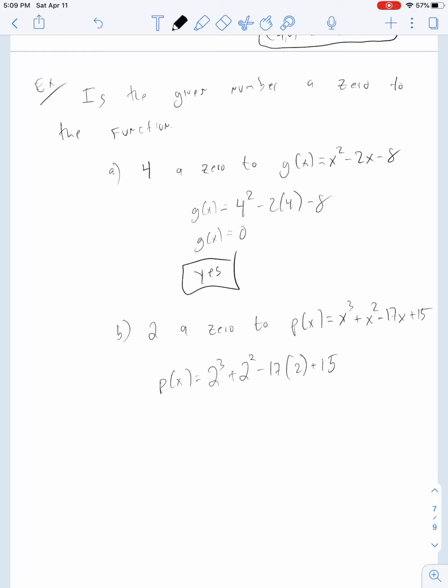Does that give you 0? We see that this gives us -7, so we can say no, all right? So easy way to check if numbers are zeros or not.